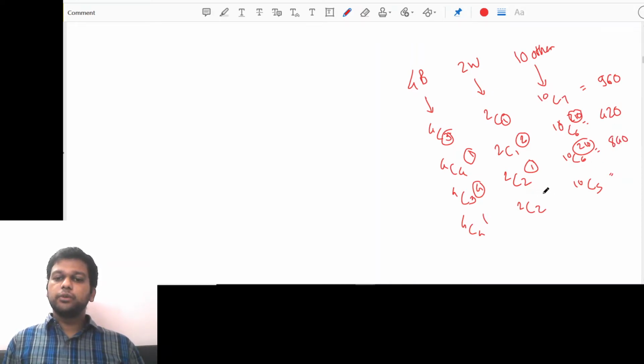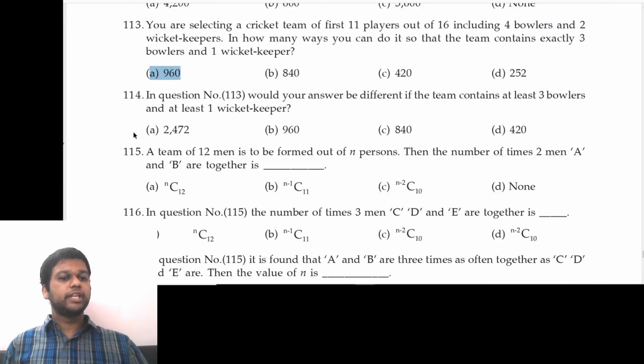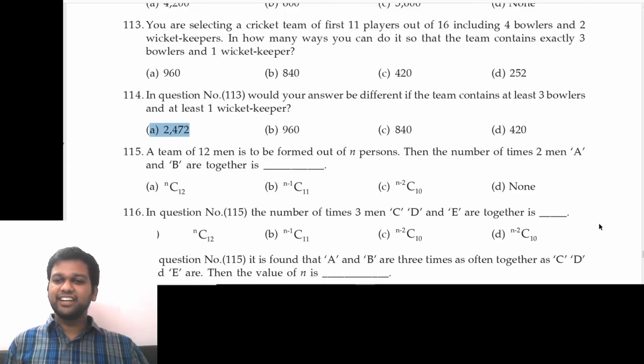Then 4C4 is 1, 2C2 is 1, 10C5 is 252. So let's take the total of all this. 960 plus 420 plus 840 plus 252. That is 2472. Let's check whether it is in the options. 2472. Option A, right? 2472 is the correct answer.